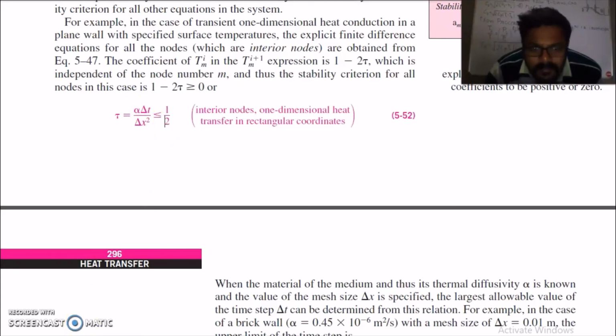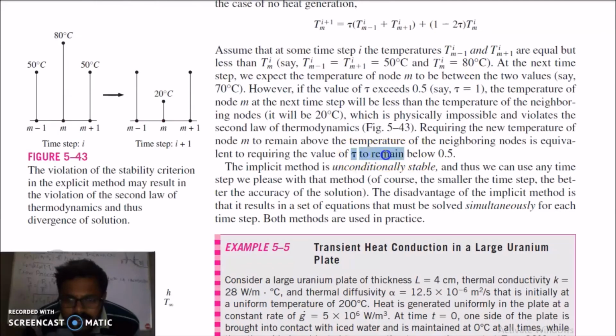So this Fourier number condition needs to be fulfilled for use of the explicit method: it should be below 0.5.